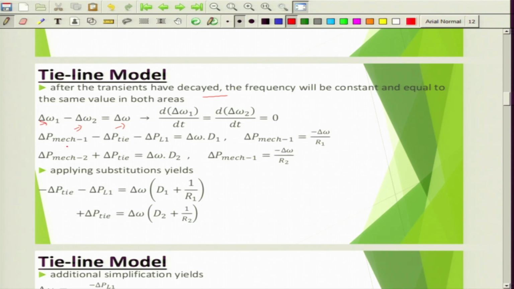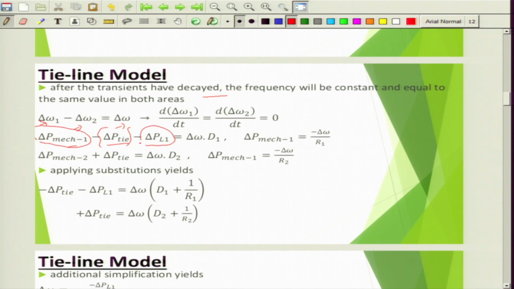That means delta P mechanical 1, this is with respect to the change in power output from network 1. If there is a frequency change, there is also an increase in generation at network 1, minus delta PTI, which represents the net power flow in the tie line, minus the change in load at network 1 basically, right.